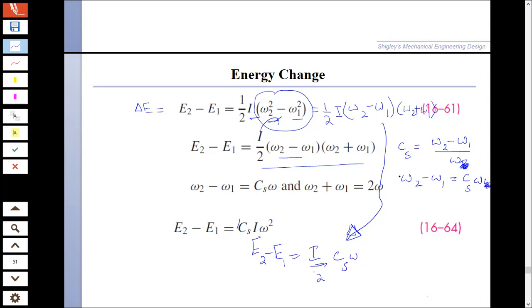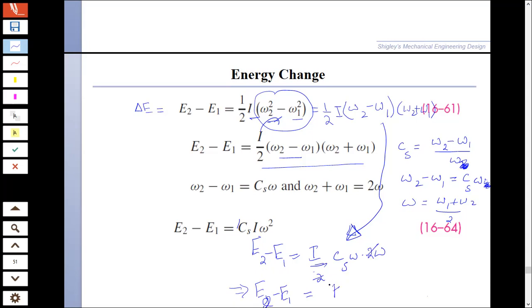Omega 2 plus omega 1, and we also know that omega is equal to omega 1 plus omega 2 divided by 2. Therefore omega 1 plus omega 2 is 2 times omega, so I can write 2 times omega over here. So what this becomes is that E2 minus E1 is equal to, okay, this 2 is going to cancel with this 2.